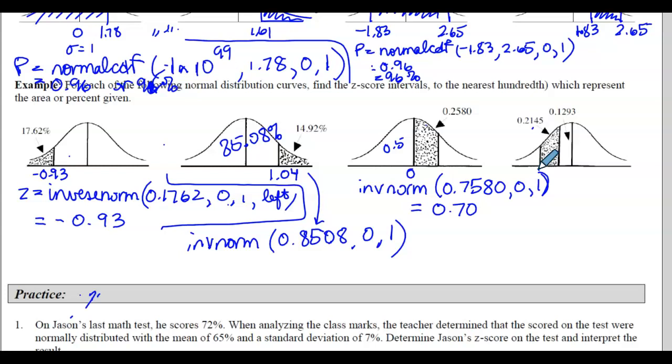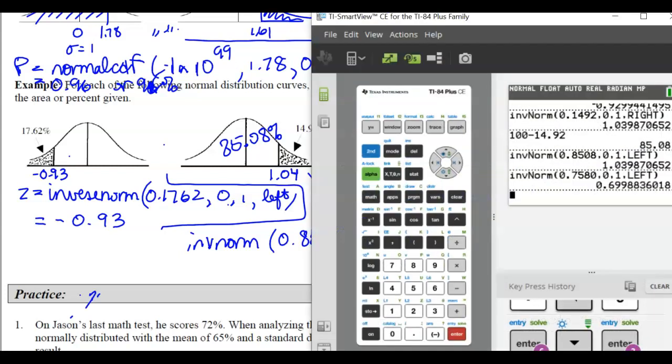So this area will be 1 minus 0.2145 plus 0.1293.